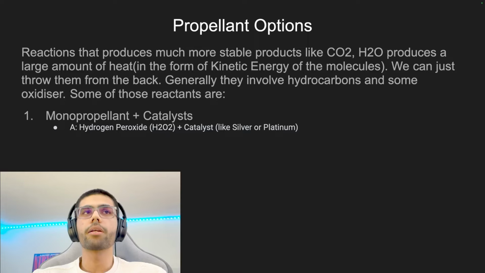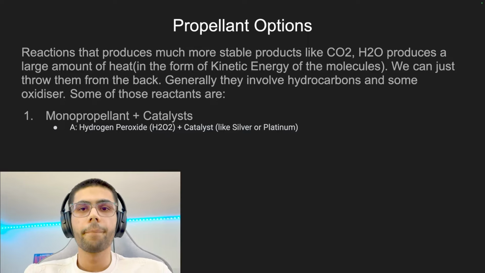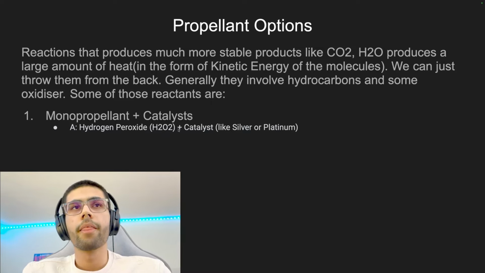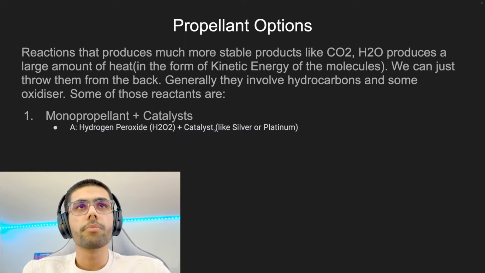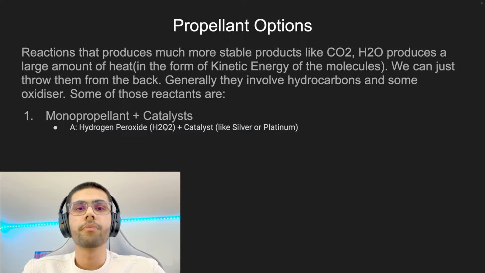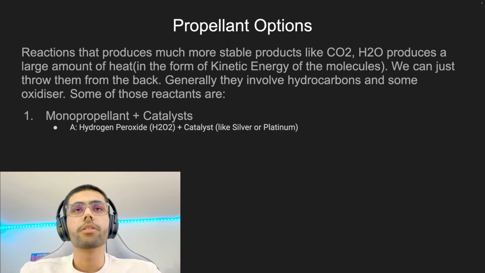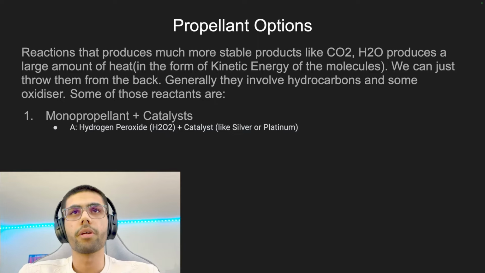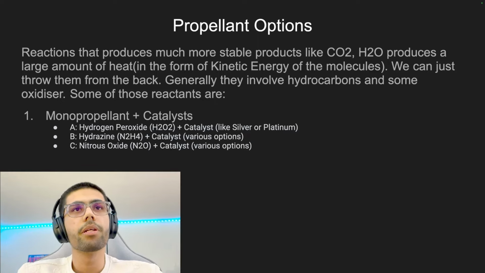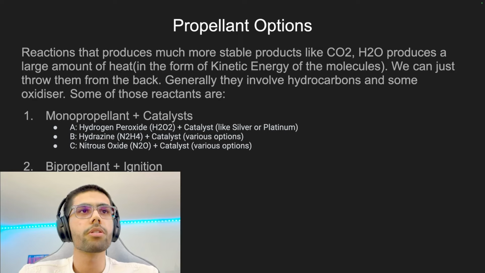What a catalyst basically does is make it decompose. In this case, hydrogen peroxide will decompose into an oxygen molecule and a water molecule, and that's more stable than the hydrogen peroxide that we started with. So there's a release of energy in that reaction. And similarly, we have many other options, honestly.